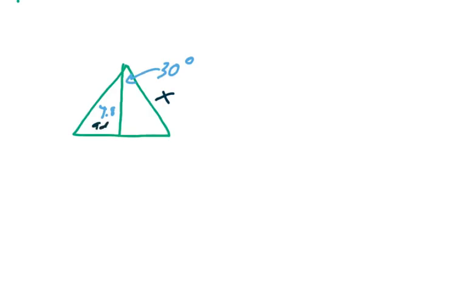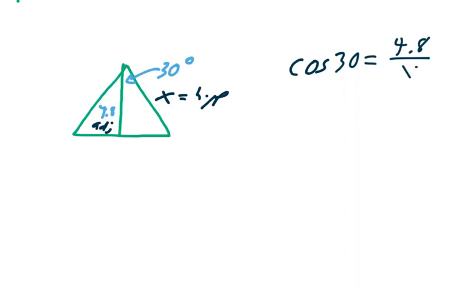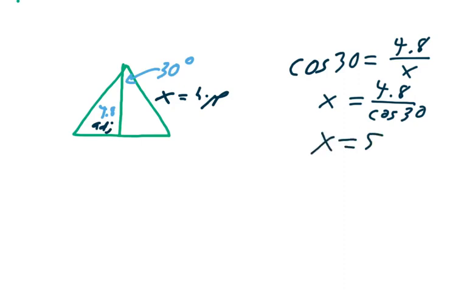So this side is the adjacent, and this side is the hypotenuse. So we have to do the cosine of 30, because we know the adjacent is 4.8 and we're looking for x. So x equals 4.8 over the cosine of 30. And we get the answer of 5.5.